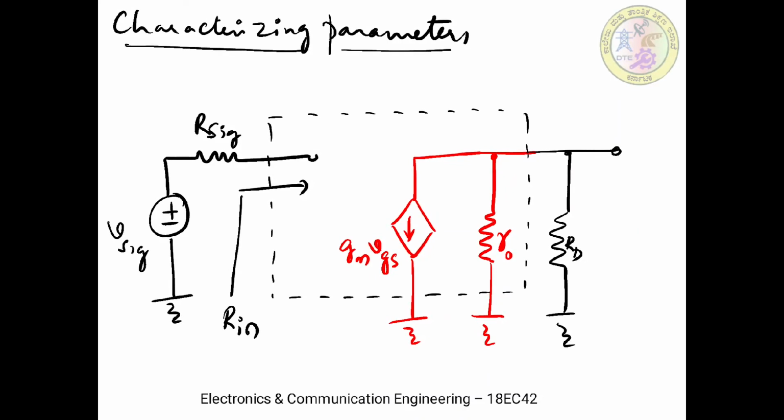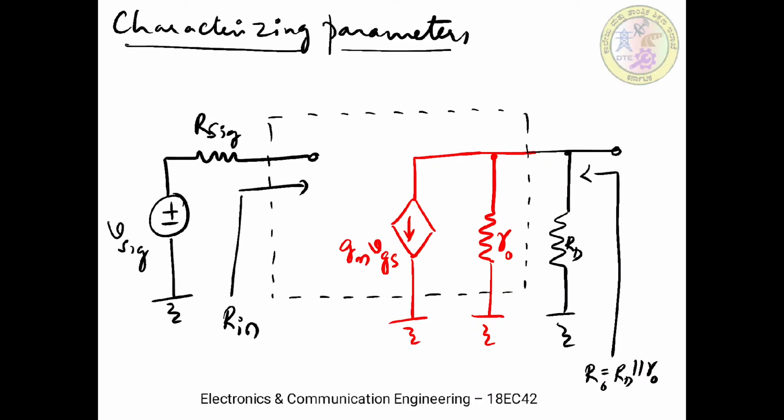It is the resistance obtained by looking into the amplifier input. Then we also have to write R0, because Rin and R0 are the major characterizing parameters of the MOS amplifier. This R0, we can readily say that it is RD parallel with r0. So you can readily write RD parallel with small r0.